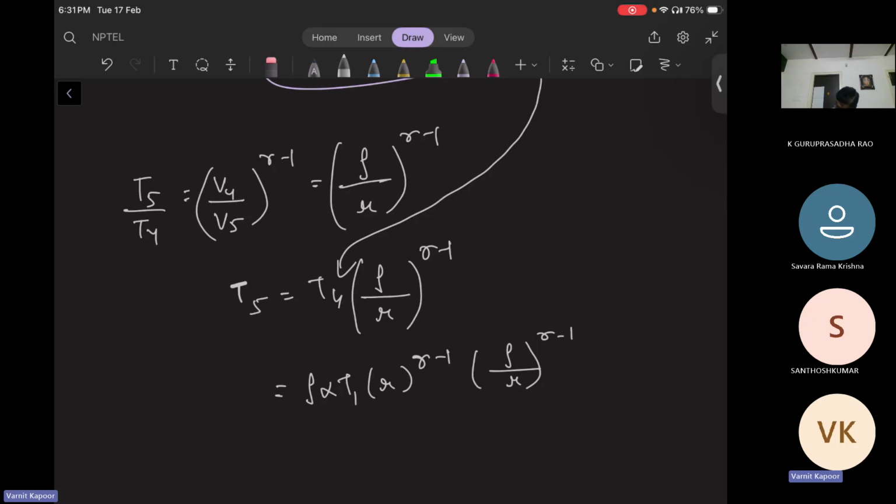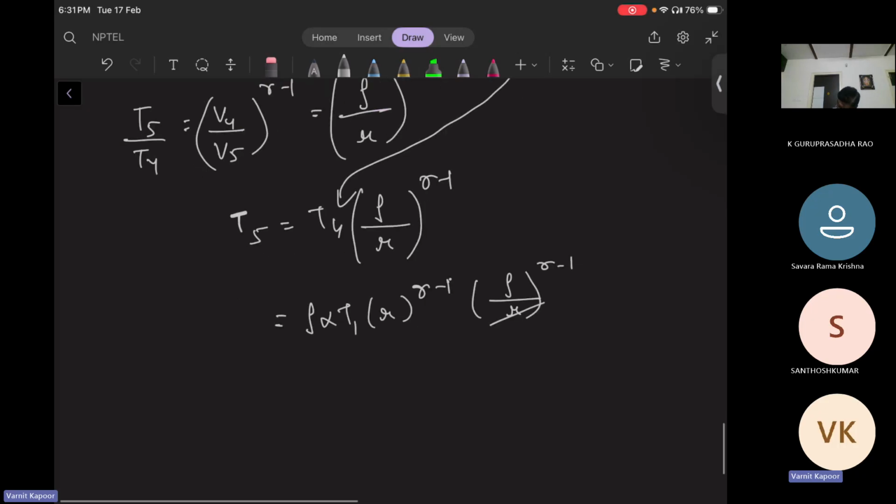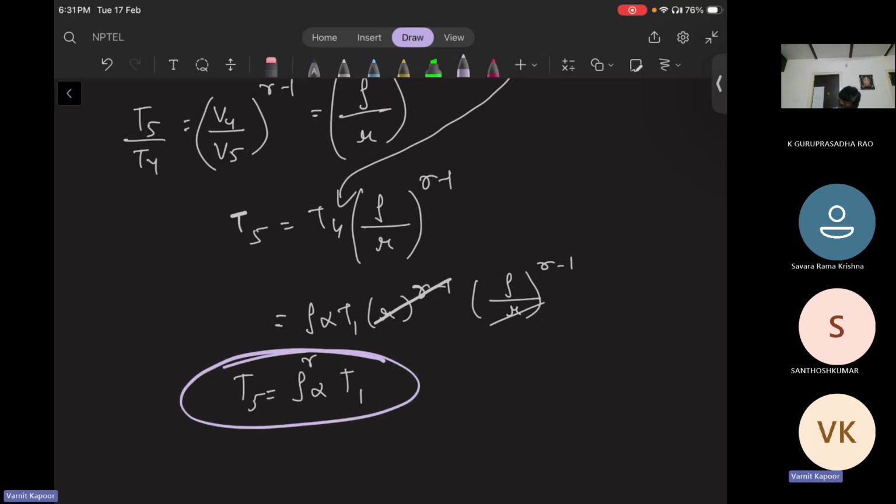All right, so r to the power of gamma minus 1 cancels out. So it will be rho to the power of gamma, because gamma minus 1 and 1. So it will be rho to the power of gamma alpha T1. So T5 is also in terms of T1. Let us mark this equation number 4.